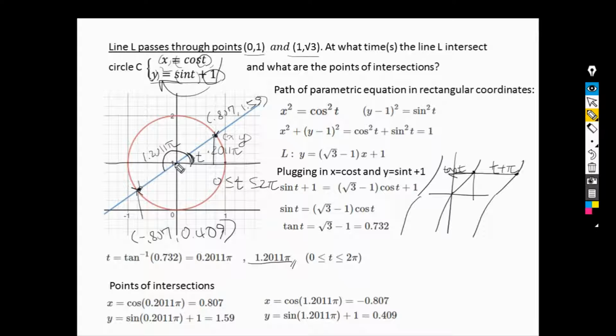So as you can see, because the line passes through the circle, the intersections will have symmetric values of x. So this distance and this distance should be the same.